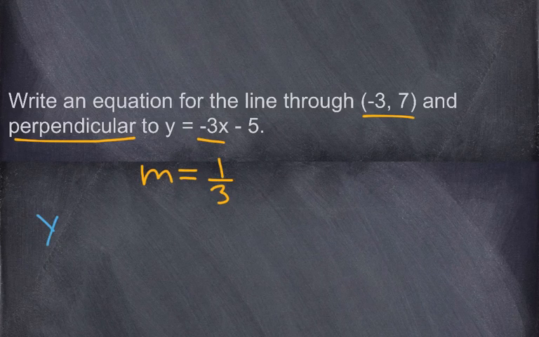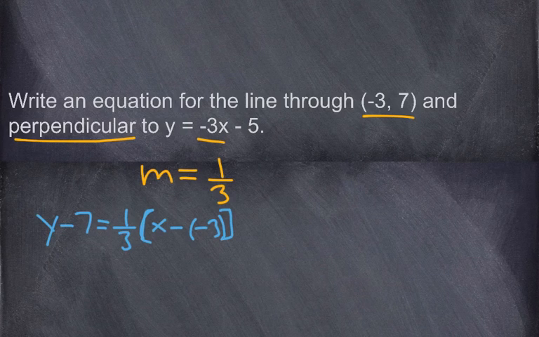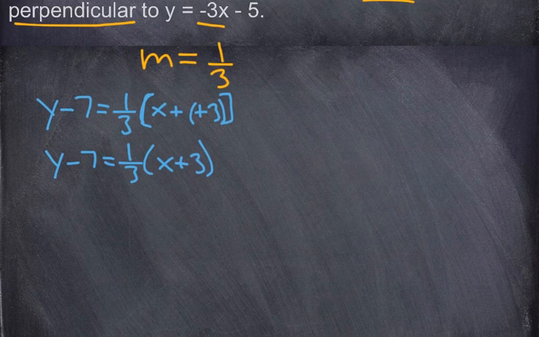So we have y minus our y value is equal to our slope times x minus our x value, which technically we'll put brackets there. When you have two negatives, again, that becomes a plus. So let's go ahead and rewrite that. So we have 1/3 times x plus 3. But again, we're going to go ahead and get y by itself.